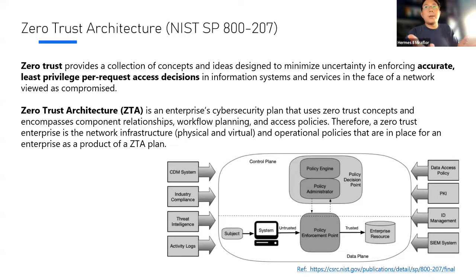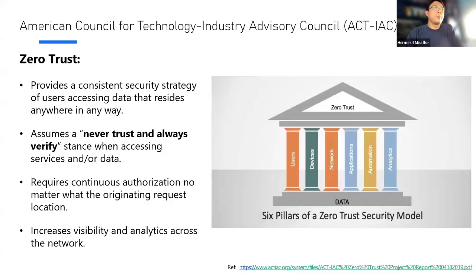For your SIEM system, if let's say you're making use of Splunk or whatever SIEM solutions available out there, again, you could integrate that product into your zero trust architecture so that your policy engine has a lot of data points, right? So marami siyang data points, marami siyang mga information na pwede niyang pag-aralan in order for the policy engine to come up with a sound policy decision. Okay, so that's what the NIST framework basically says on the report.